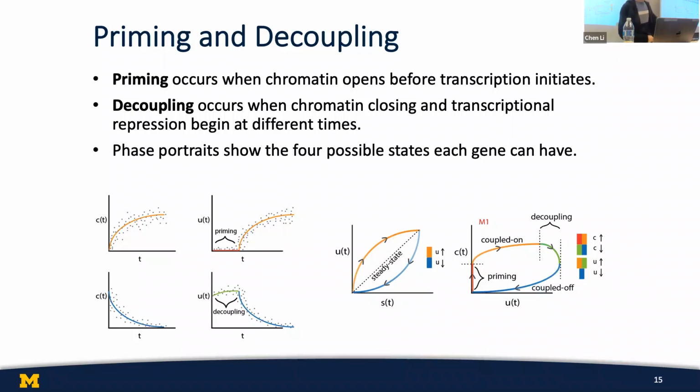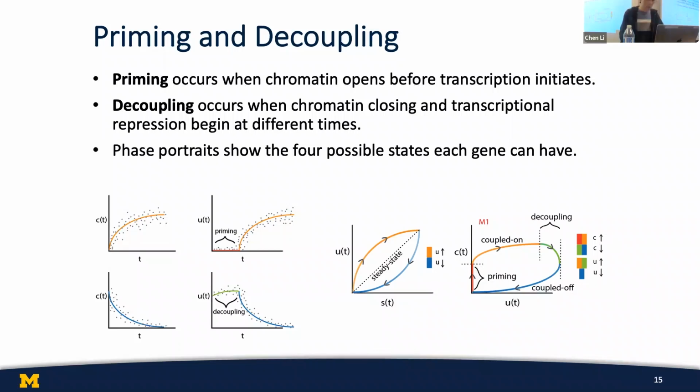This is actually only for model 1. For model 2, the order will be reversed. On the right, I'm showing the classic phase portrait for RNA velocity, U versus S. And the diagonal line is the steady state, which is used in the steady state model. I will not explain that.